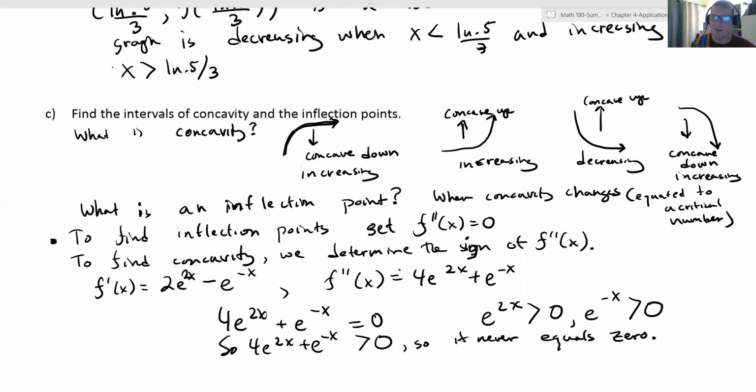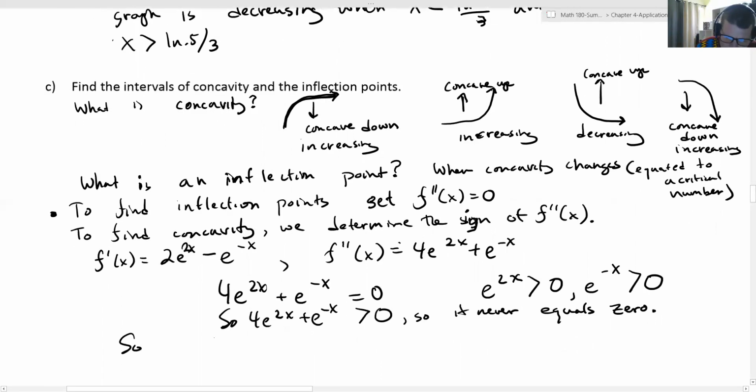Yeah, that's exactly it, Rashi. It means the concavity never changes. So I know you're thinking, but I want you to stop and don't do anything for a minute and go, wait a tick. Is this possible? Okay. So there are no changes in concavity.